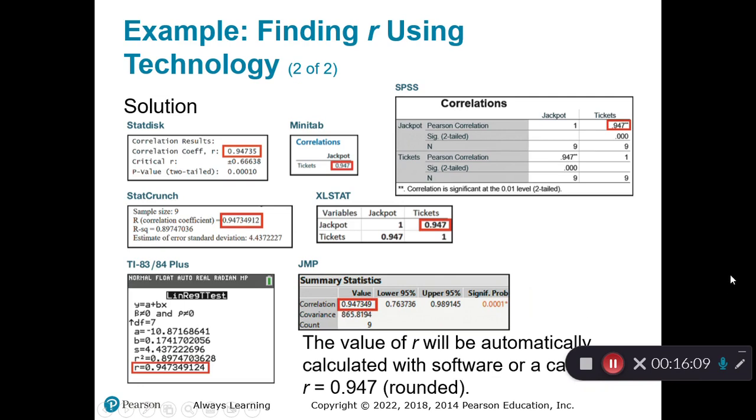If we run technology, whether it be with a computer or with a calculator, we get different views, but they all come up with the same result. So here are some of the outputs by different technology, and the one that I want to focus on is this one right here, because that is what our calculator is going to show us. Again, we'll show you in a separate video how to get to this, but here is that r value, and if we round to 3 decimal places, we find that r is approximately 0.947.